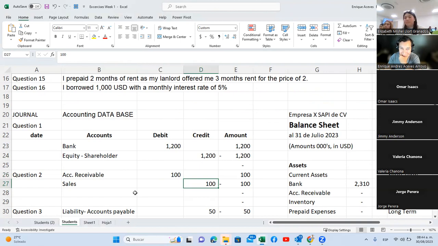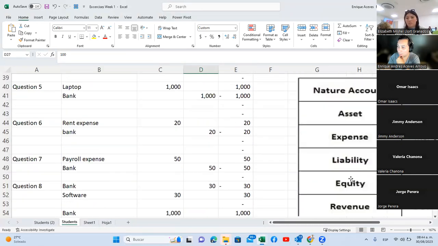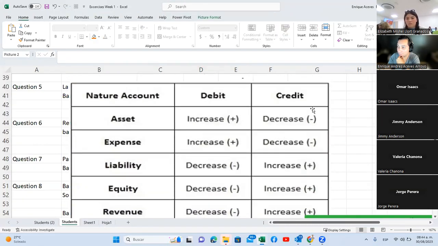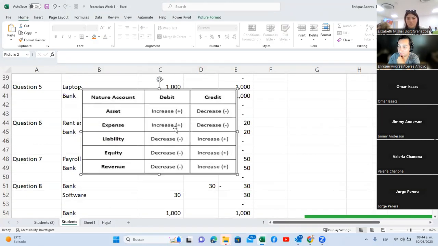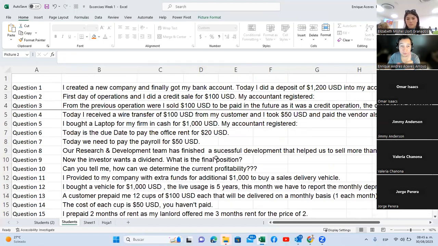Credit side. How do you know that, guys? Nature of accounts. Revenue or sales increase with credits, okay? If you have any doubt, please raise your hand. We won't stop, okay? This is gonna go fast.